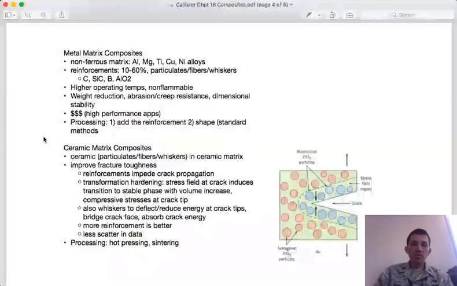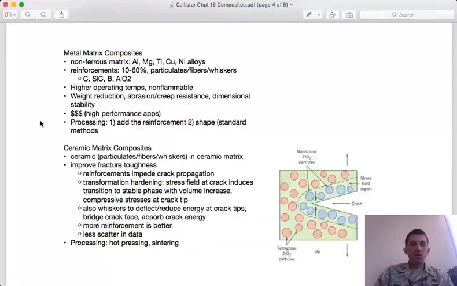You can also have a metal matrix composite. So here you're generally talking about non-ferrous alloys as the matrix. This would be due to the fact that these have a much lower melting point, which is necessary if you're going to form a melt and add in your reinforcements.